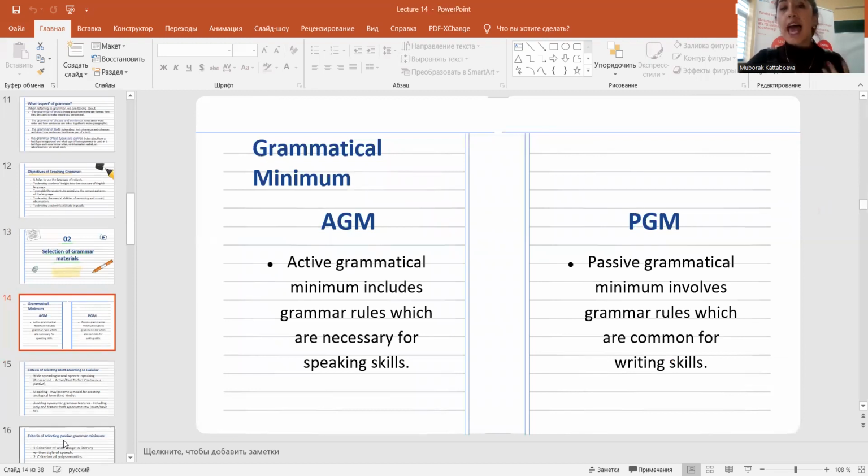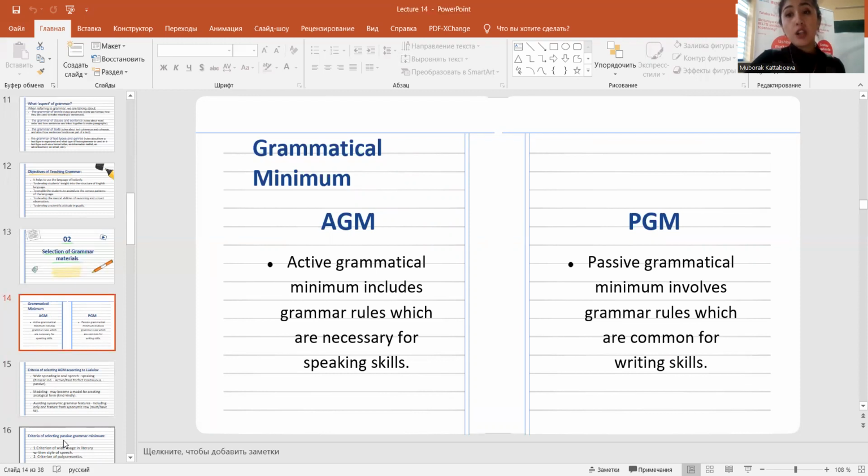So, how do we select grammar materials? So, we have active grammar minimum and passive grammar minimum. Active grammatical minimum includes grammar rules which are necessary for speaking skills. So your students will be actively using this minimum in their speech, oral, and written performances.